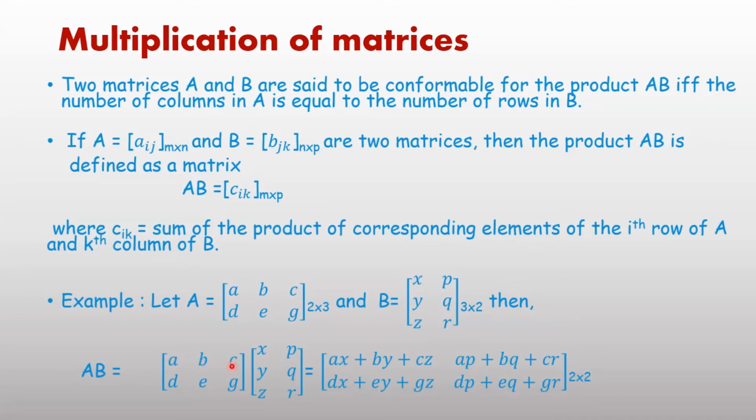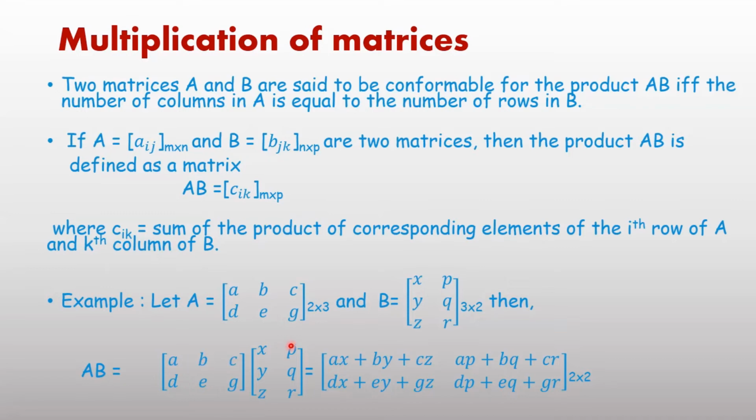Multiply corresponding elements and add them: first row, A into X, plus the second element, B into Y, plus C into Z. You will get the first element of the new matrix.